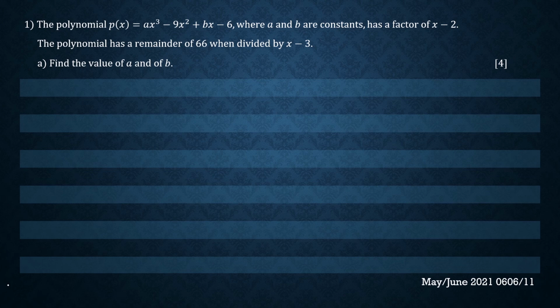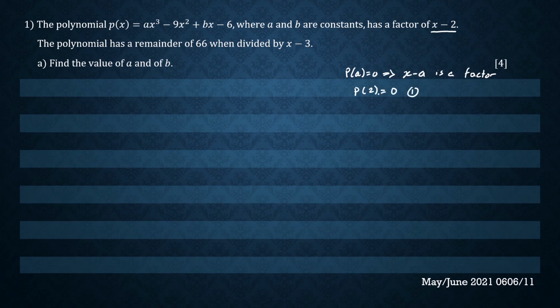For the factor theorem, if P(a) equals 0, this implies that x minus a is a factor of your polynomial. Given that we have a factor of x minus 2, this implies that P(2) equals 0.